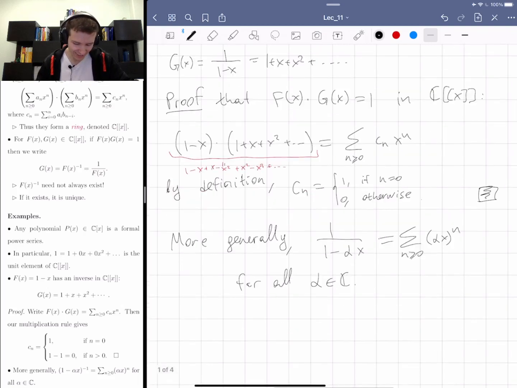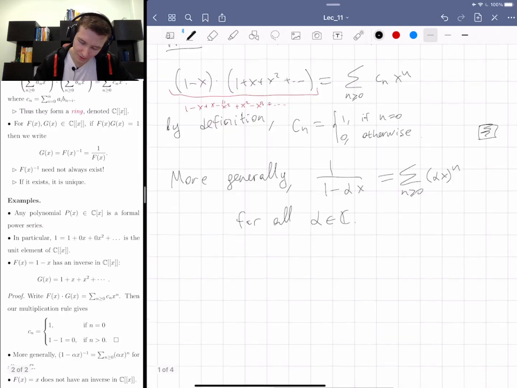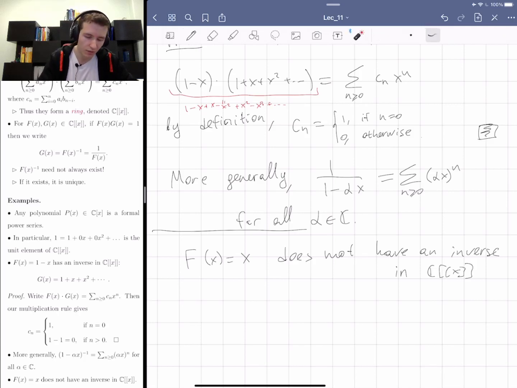That is the intended answer. If you give me x, then this does not have an inverse as a formal power series. If you try to solve the same system of equations here, you run into a problem because of 1 over x.